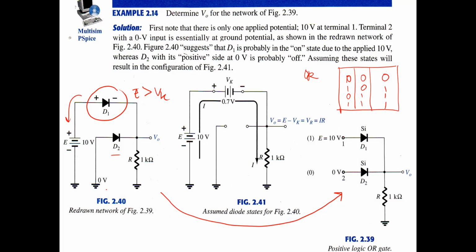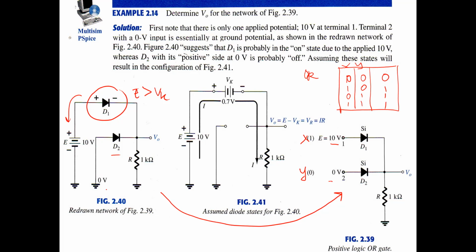So this is typical of the OR gate. This is the X input and this is the Y input. If we connect the first one to the 10 volts, this is like 1, and this is 0.